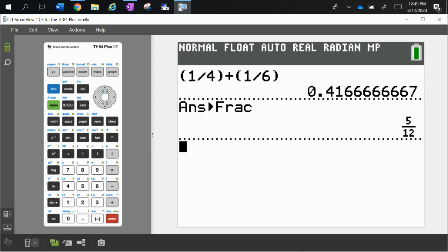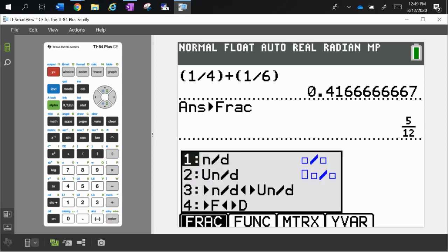The other way that I can enter fractions into my calculator is I've got a shortcut on the F1 button. The F1 is the alpha on the y equals. So all the way at the top, I have the F1, the F2, the F3, the F4, and the F5. So I'm going to do alpha F1 for y equals. And then number 1 is numerator over denominator. That's the button that I want.